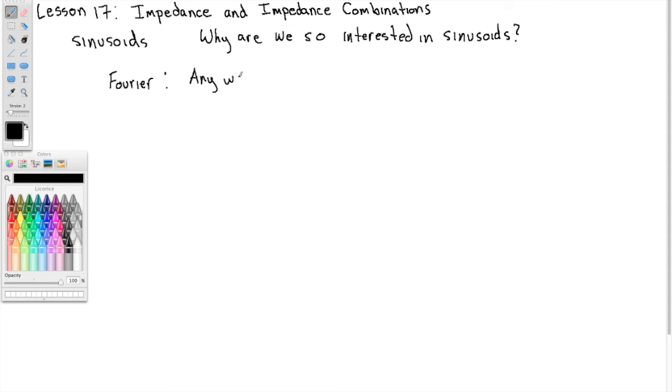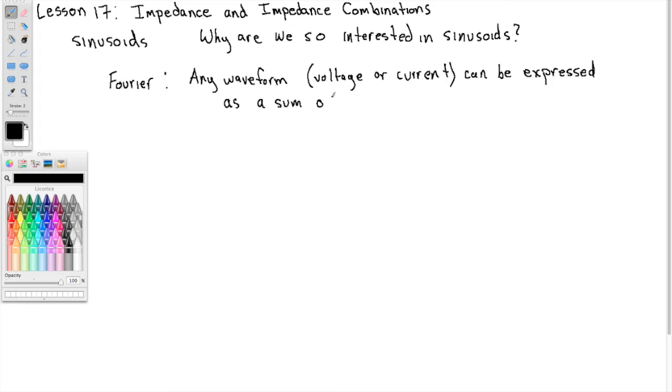Any waveform, so here we're talking about voltage or current, but any shape, really. Okay, so some odd-looking waveform, any waveform can be expressed as a sum of sinusoids.